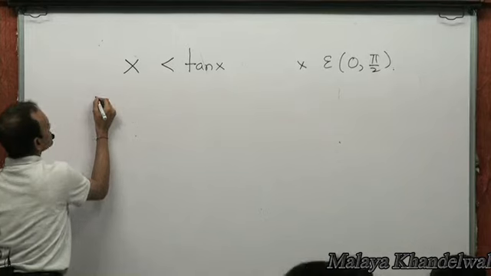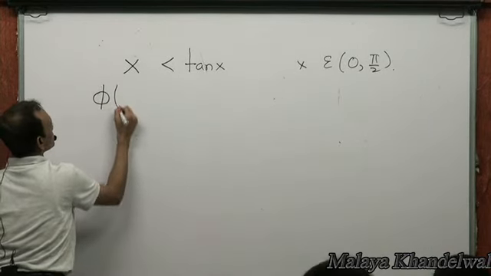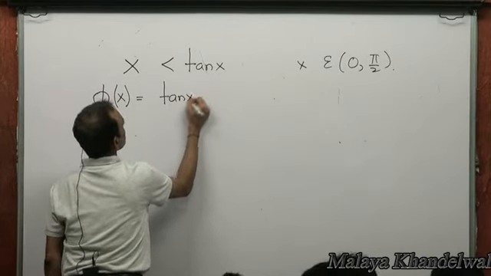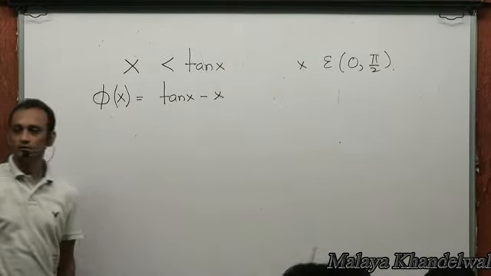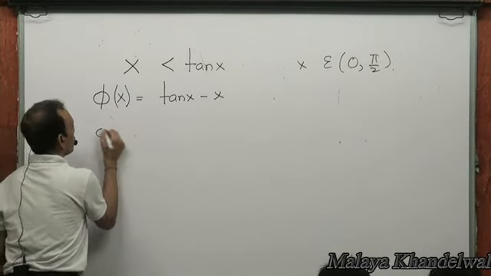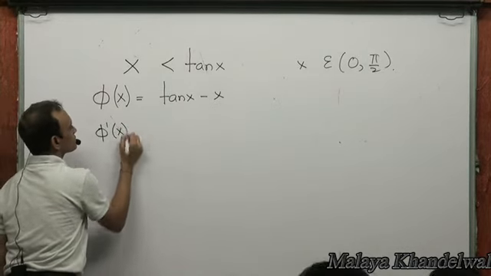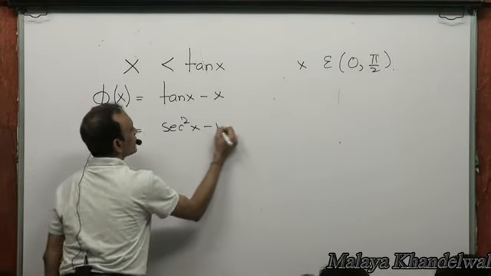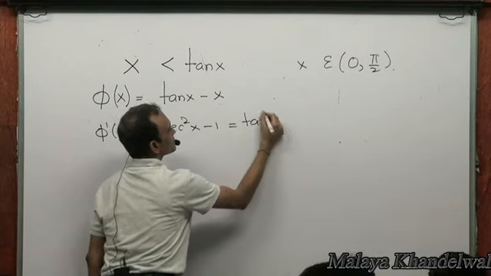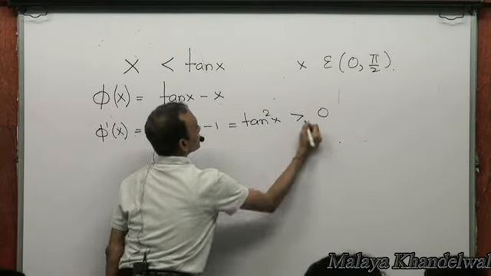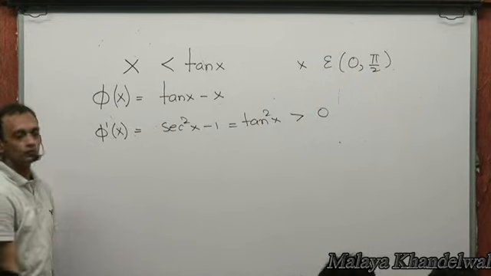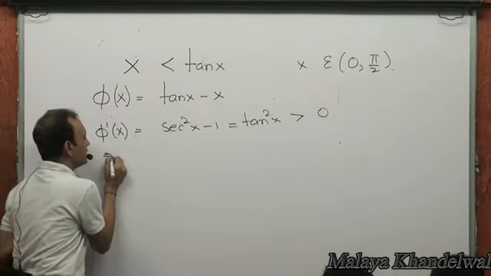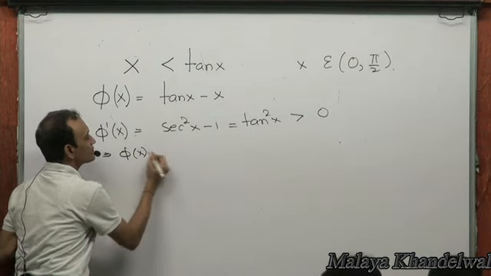Again, construct a function, say phi x, which is tan x minus x. What is phi dashed x? Sec squared x minus 1, which is tan squared x, which is greater than 0 in the interval 0 to pi by 2. That means phi dashed x positive means phi x must be an increasing function of x.